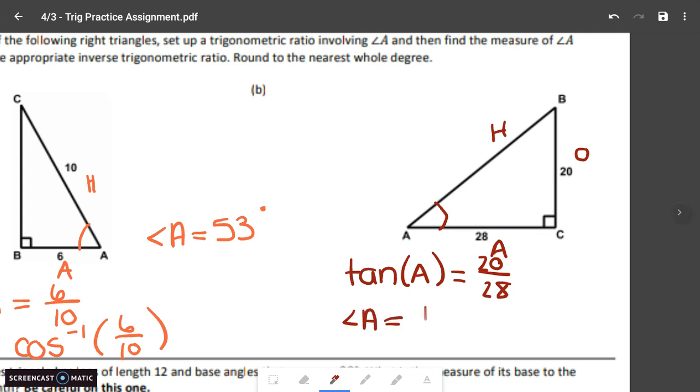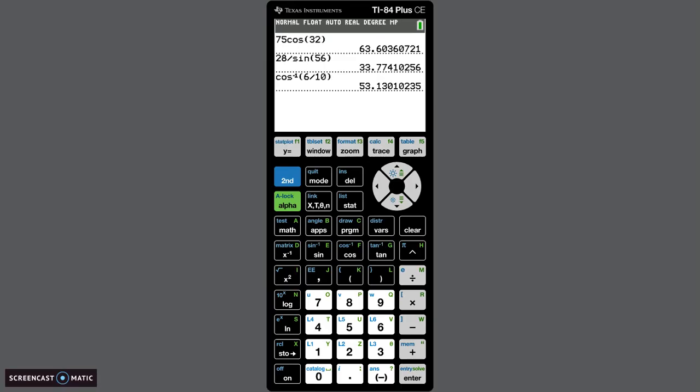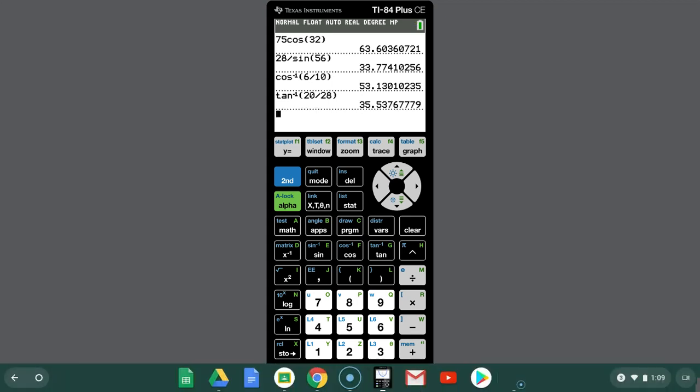Angle A is going to equal the inverse of tangent. So again, we plug that into the calculator. Second tangent, 20 divided by 28. Round to the nearest degree is 36 degrees.